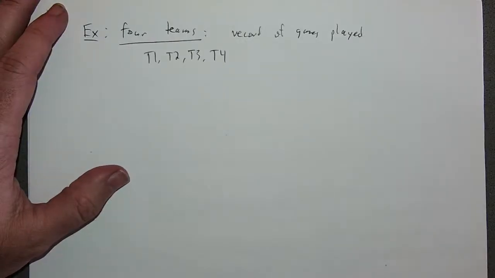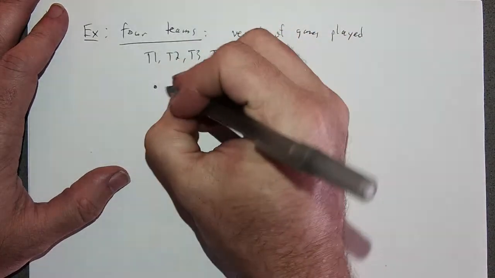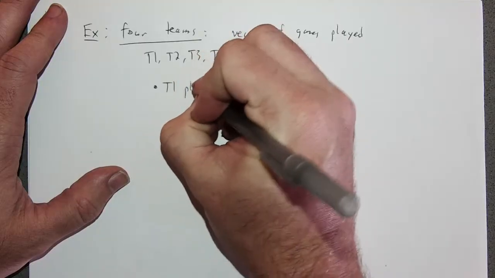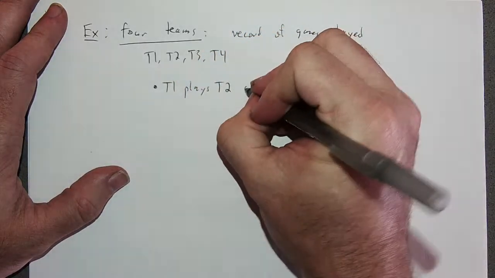Okay. So then what is my list? The first on the list: T1 plays team 2 and wins by 2.